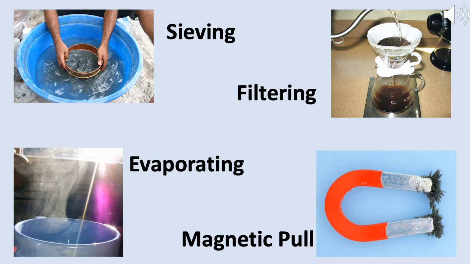Now, evaporating is really, really helpful if, again, you want to separate liquid particles from solid particles. And this is especially useful when the solid particles in the liquid aren't visible.